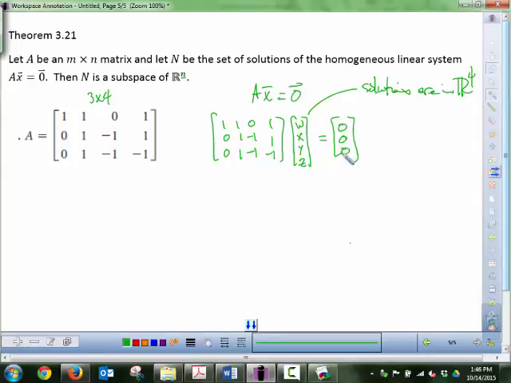It would still be a 3 by 3 matrix, and something weird will come up. I'll see if I can come up with an example that does that. So anyways, let's do this right now.